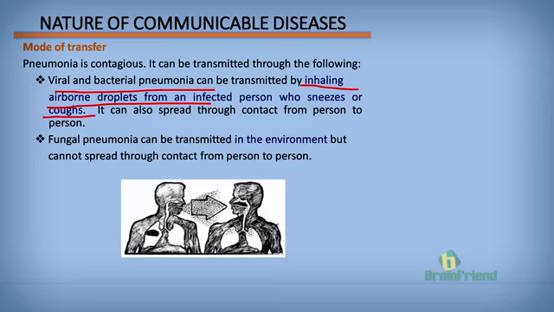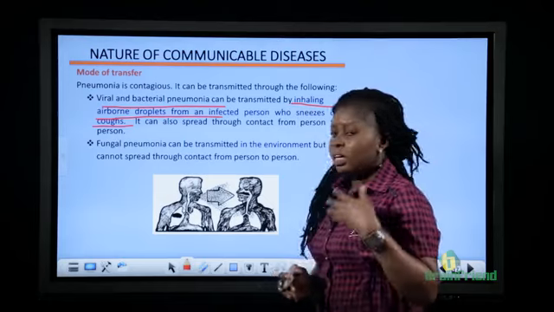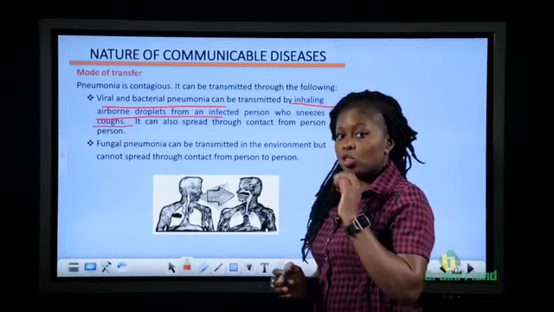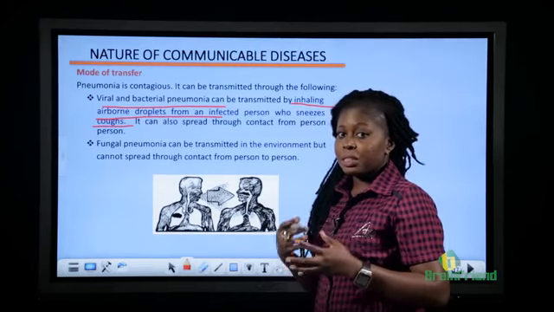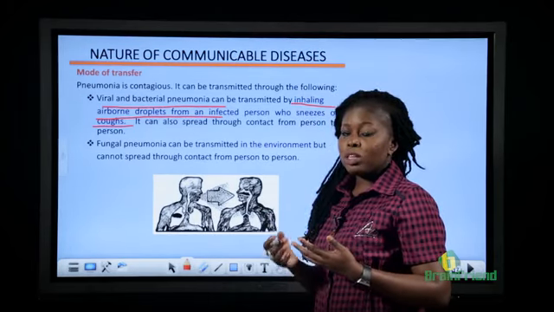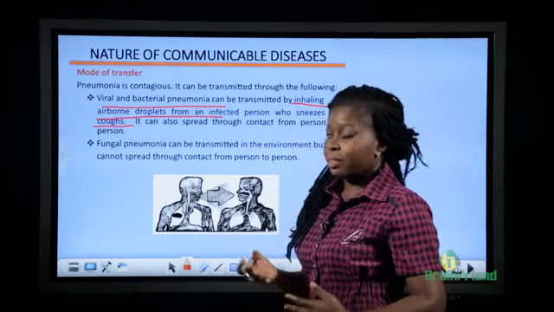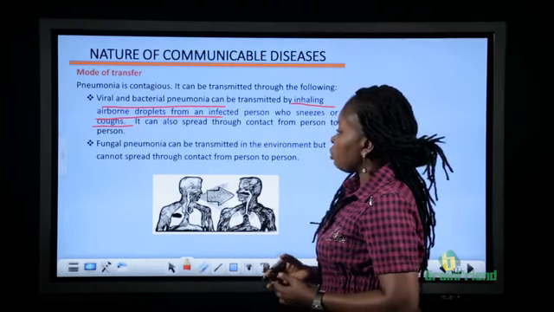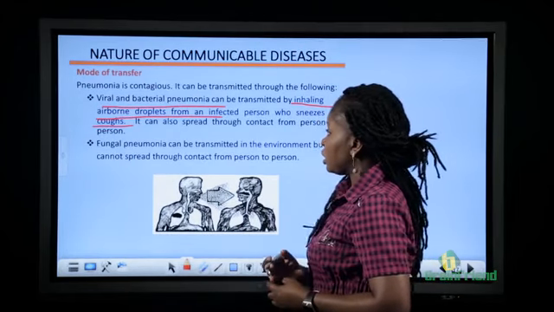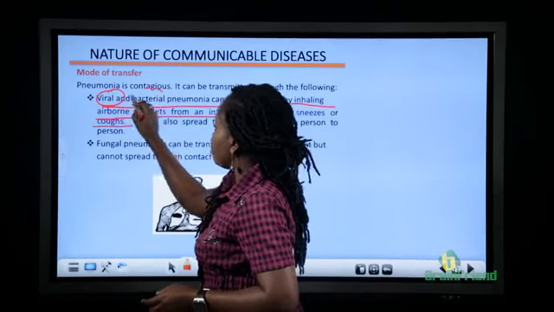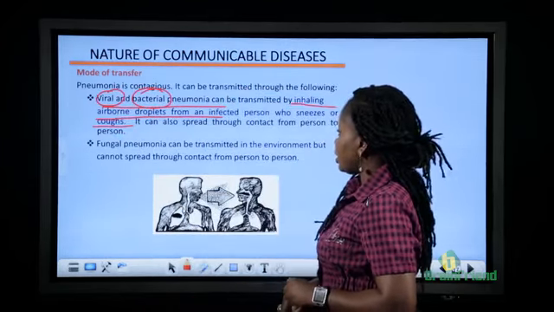We see a kind of indirect contact transmission, okay, where an infected person sneezes or coughs, and then the air carries the droplets that come out from the person's body, and then when those droplets touch someone else or a healthy person in that same environment, the person becomes infected with the disease. Okay, so this is how viral and bacterial pneumonia are transmitted.